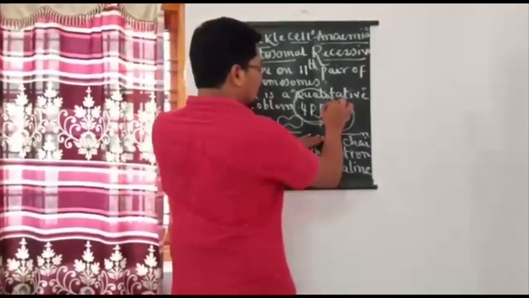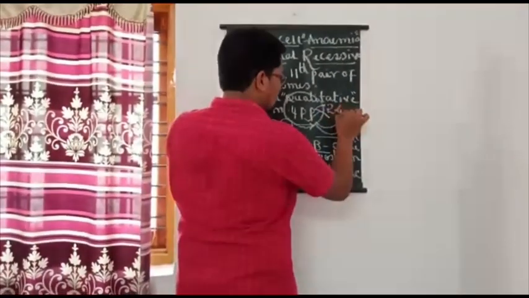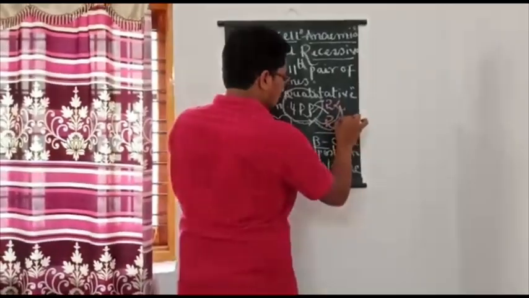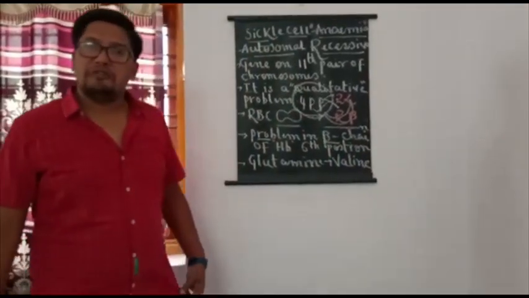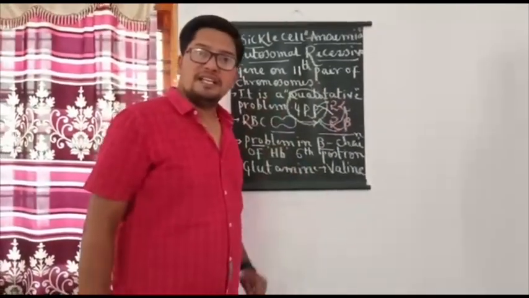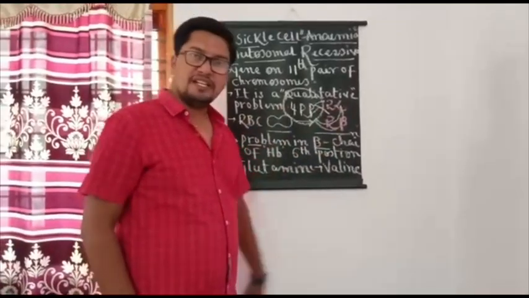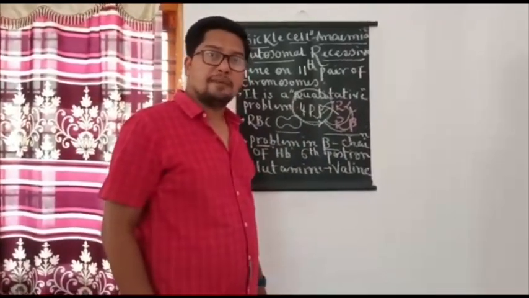In these 4 polypeptide chains, 2 are alpha chains and 2 are beta chains, and each alpha chain is made up of 141 amino acids and each beta chain is made up of 146 amino acids.